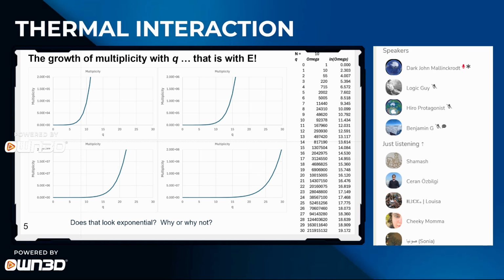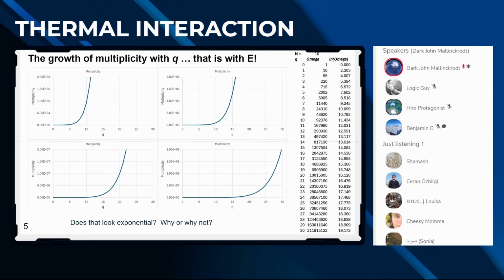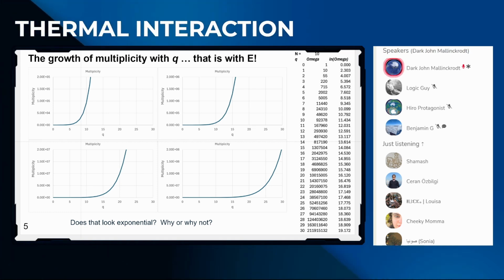First, the first graph up there at the upper left tops out at 200,000. And we get to 200,000 by the time we get to, what, 11 oscillators, 12 oscillators.